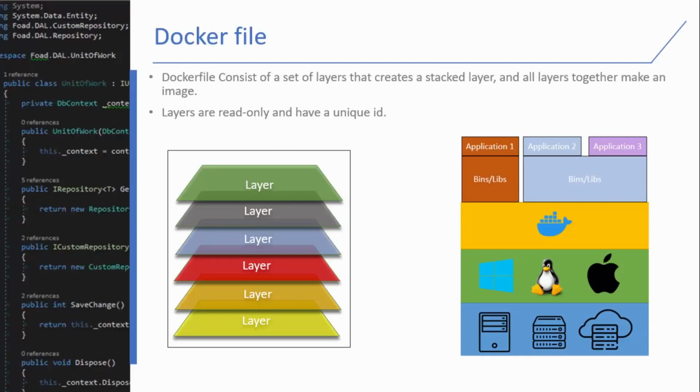Let's talk about the Dockerfile. A Dockerfile consists of a set of layers that creates a stacked layer, and all layers together make the image. As you can see here, we have some layers on top of each other. These layers are read-only, and each of them has a unique ID.